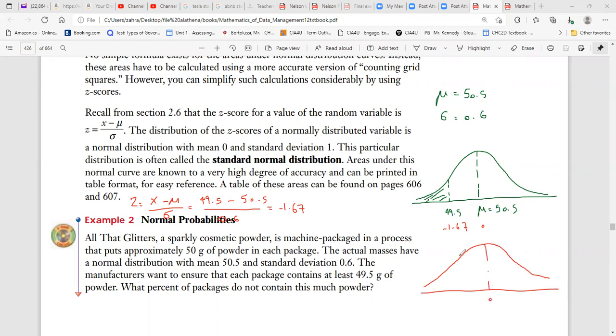It's 0 here, and here you have negative 1.67, and you want to find this area. On the x-axis you have x, your value in grams, and here you have the z score. You convert it, right? Now you want to see how we use the table to find this area.